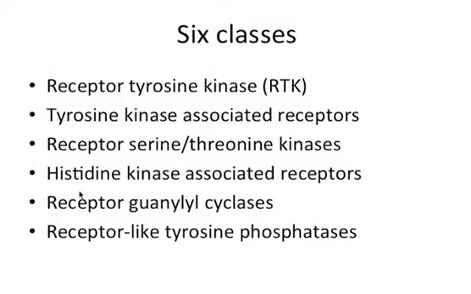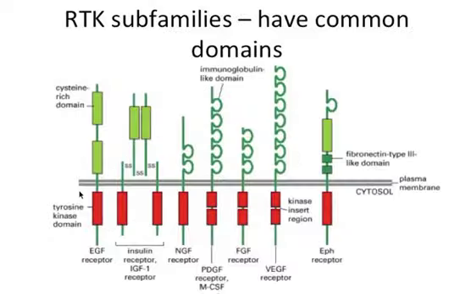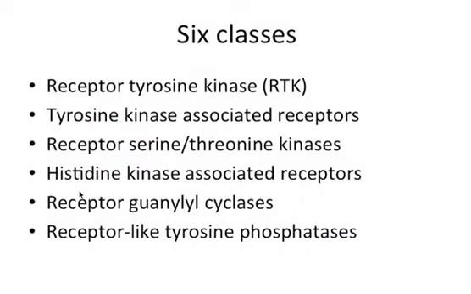There are receptor tyrosine kinases, tyrosine kinase associated receptors, receptor serine threonine kinases, histidine kinase associated receptors, and onwards. Don't memorize this. There are 2 main categories.